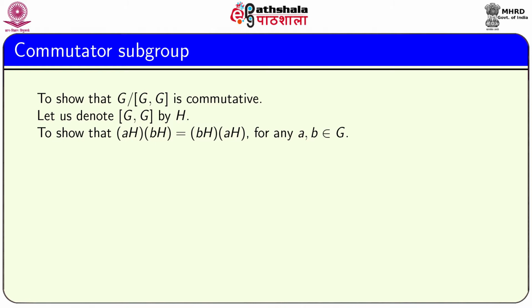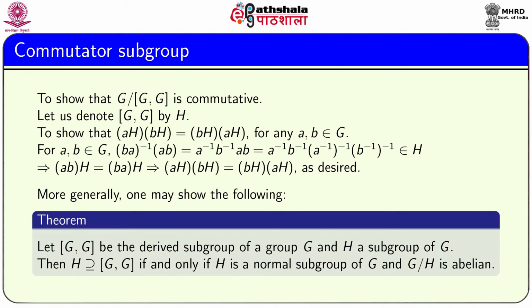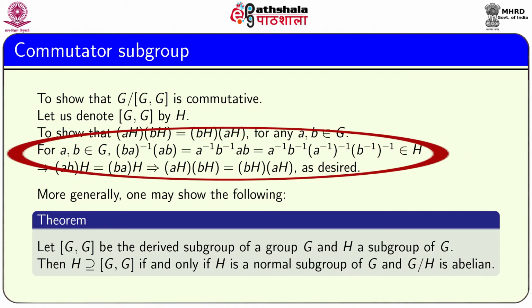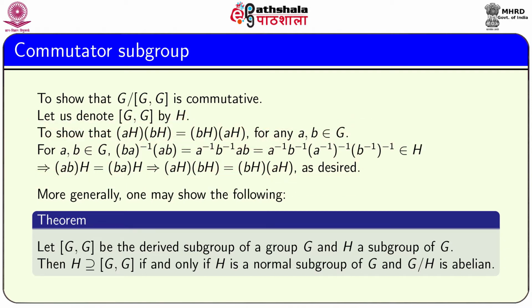In order to show that G by H is commutative, we need to show that AH into BH should be equal to BH into AH for all A, B belonging to G. For any two elements A, B belonging to G, we have that (BA) inverse AB is equal to A inverse B inverse AB, which can be viewed as A inverse B inverse (A inverse) inverse (B inverse) inverse, and that should be an element of the commutator subgroup H. And that means AB into H is equal to BA into H, which implies that the product AH BH is equal to BH AH as desired.